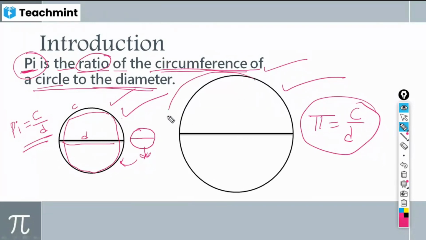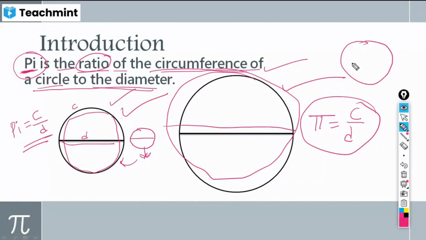Even if you take a bigger circle and divide by its diameter, it doesn't depend upon the size of the circle or its diameter, it's always a constant. Whether it's a big, small or very small circle, whenever you divide the circumference by the diameter, the value you get is always the same. Do you understand now?